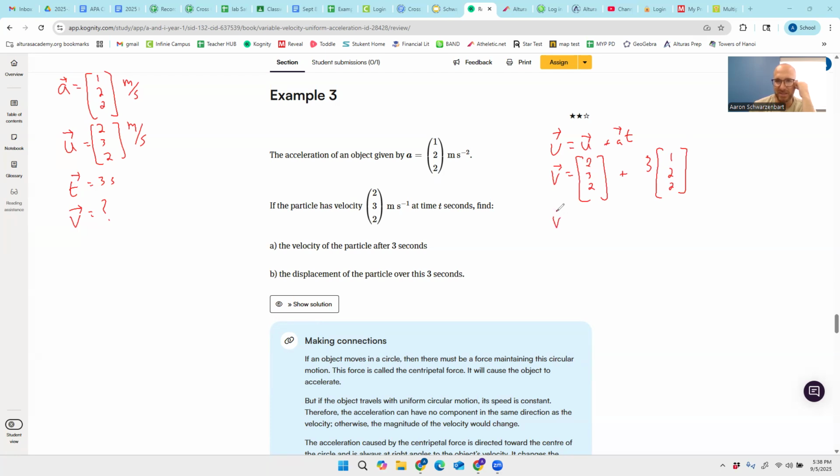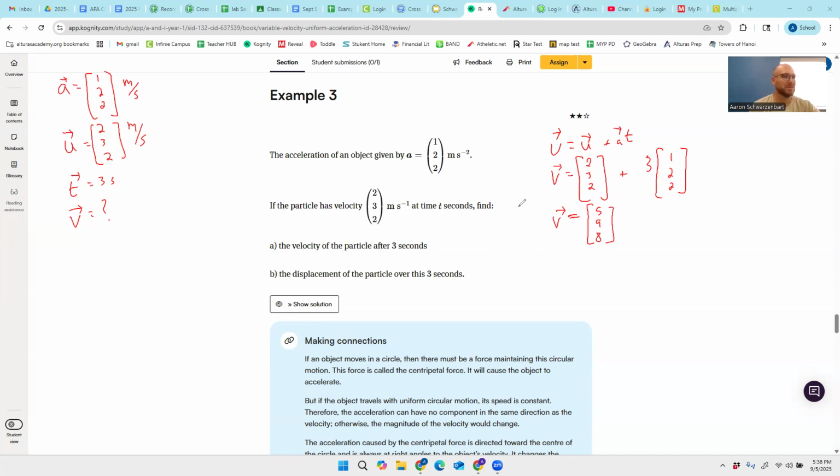That gives me a velocity of 2 plus 3 is 5, 3 plus 6 is 9, 2 plus 6 is 8. And that is my velocity vector.